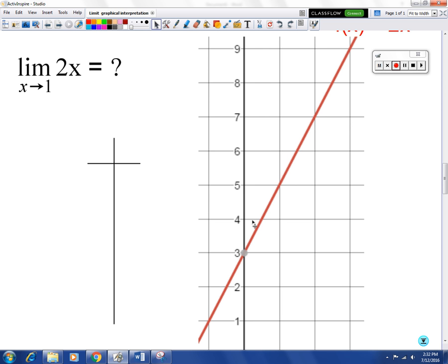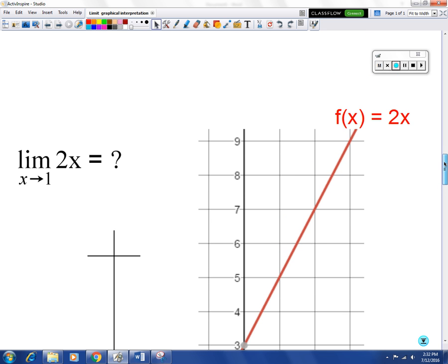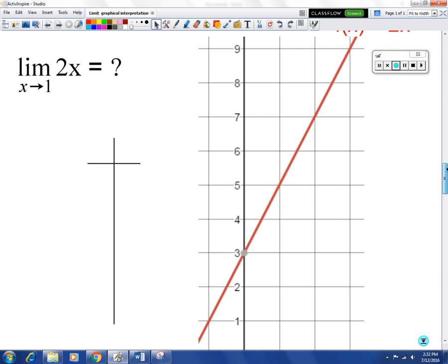Okay, let's use this one. Square root of 2x. Or just plain 2x, not square root 2x. Okay, as x approaches 1. Alright, so let's see.